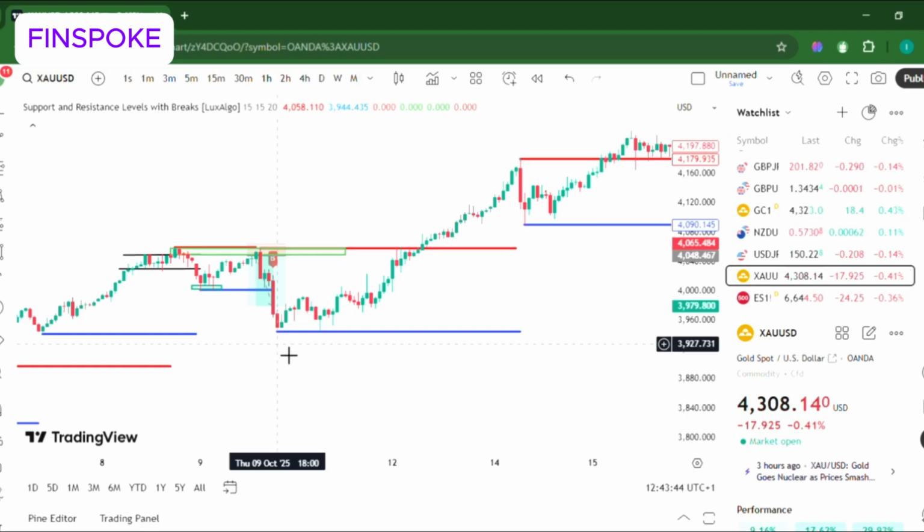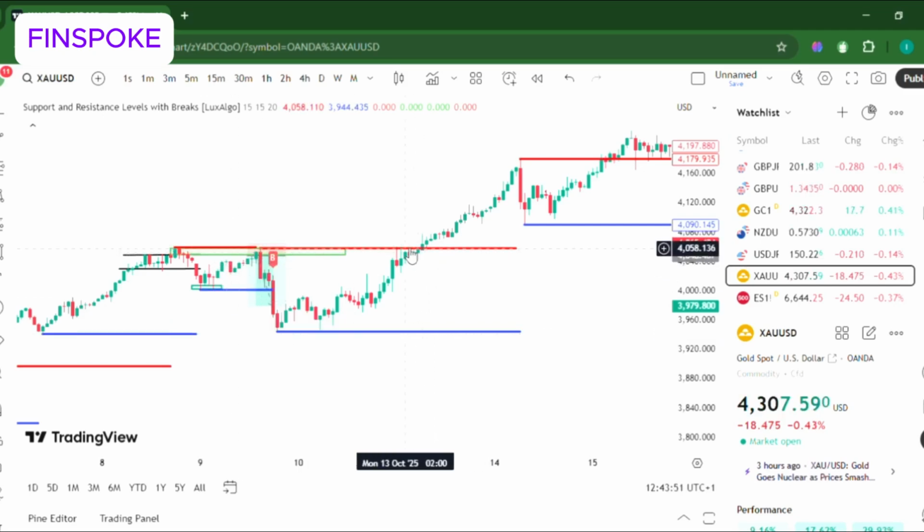Now, what this indicator does for you is help you confirm your support areas and your resistance areas. As you can see, the blue lines show the support level and the red lines show the resistance level.